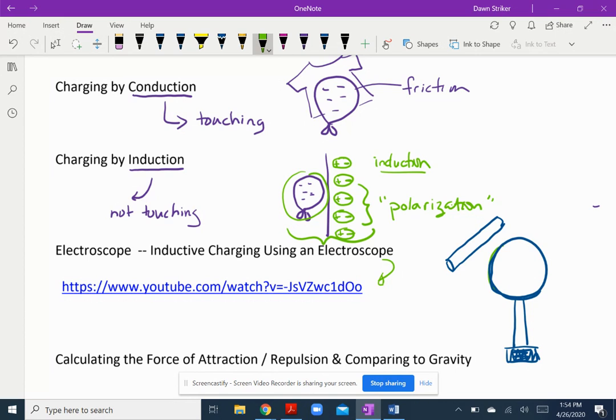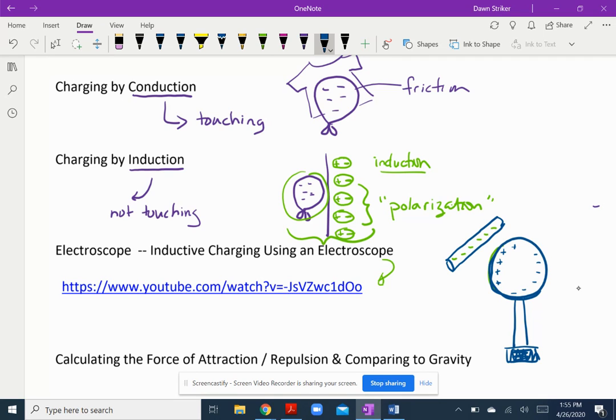Let's say we've got a negatively charged rod. We rub this plastic on the sweater, it picks up a negative charge, and now I'm going to hold it next to this neutral conductor. This conducting sphere is full of positive and negative charges, but because it's a conductor, the negative charges can move away from that rod, leaving the positive charge closer to it. So that's charging by induction.